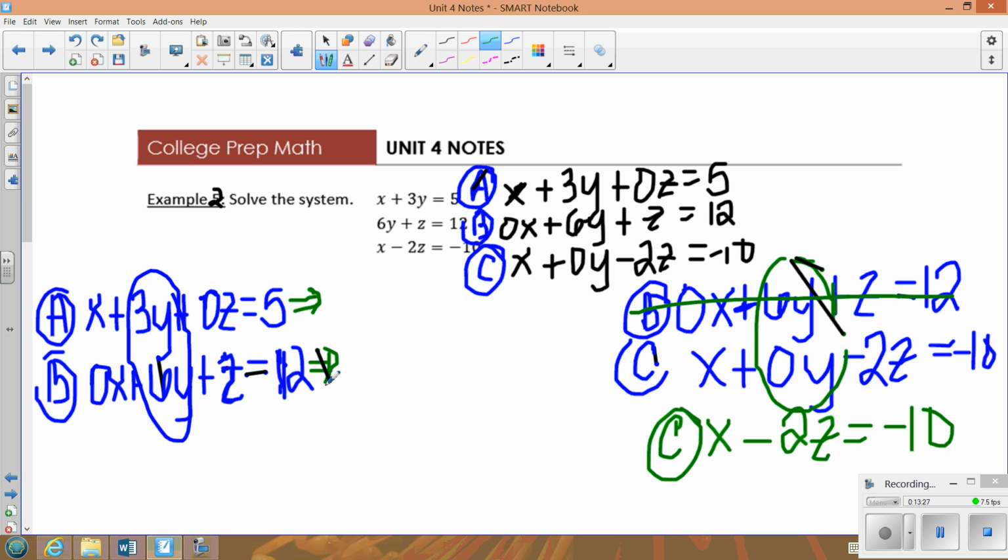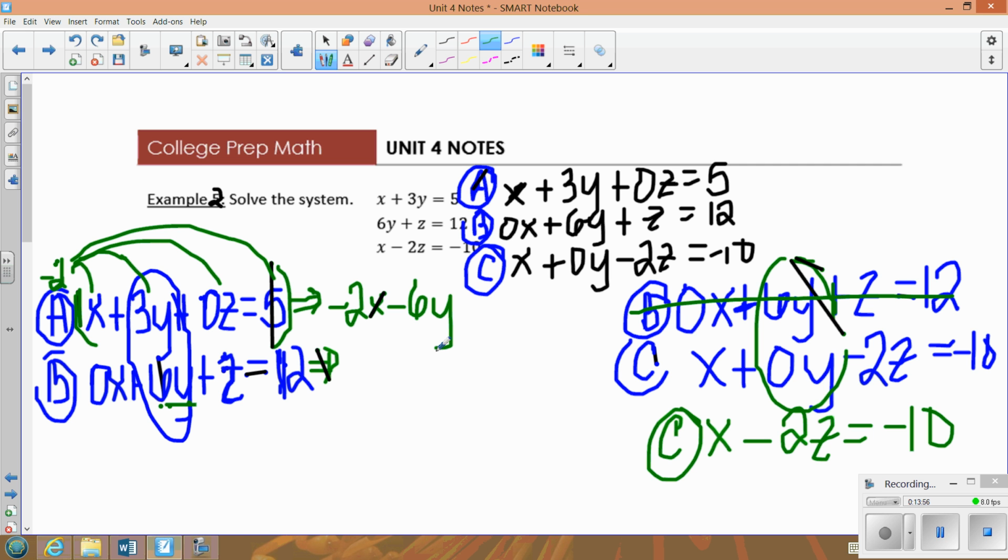So I'm going to have to change these. If I have 6y in the bottom, 3y can become negative 6y by multiplying everything by negative 2. So go ahead and multiply everything by negative 2. So I have negative 2x minus 6y.